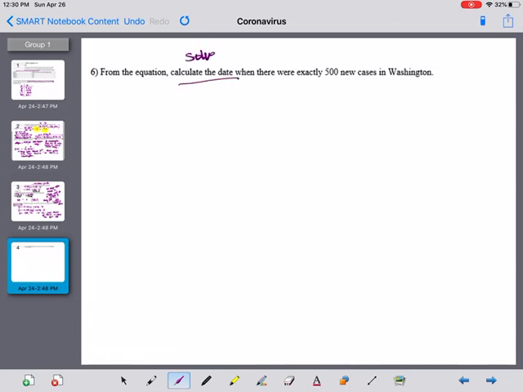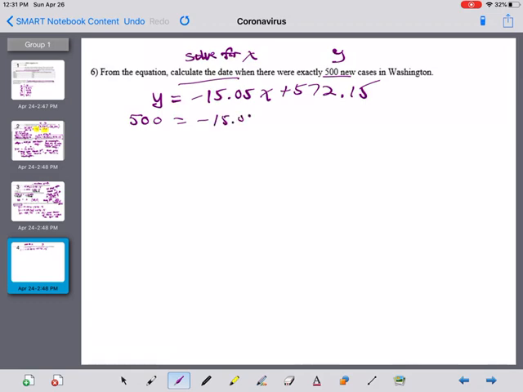Now, using the equation, we're going to calculate the date. So that means you're solving for x, because x is the date, when there were exactly 500 new cases of coronavirus in Washington. So write the equation. Okay, and this time the 500 is the y, new cases.